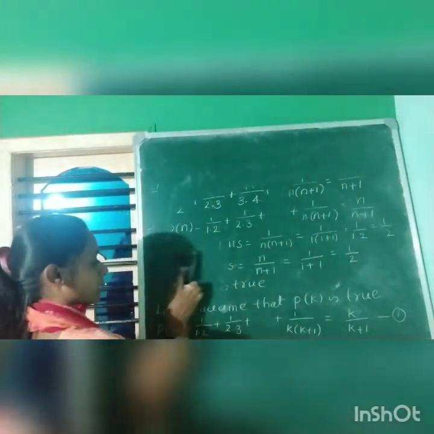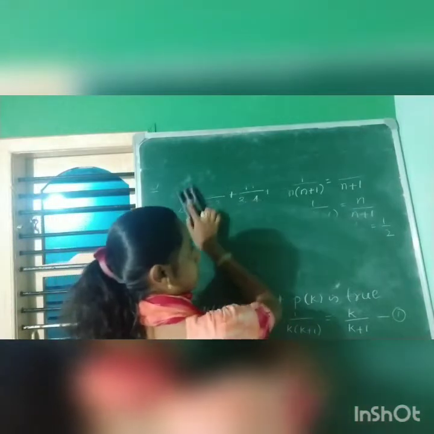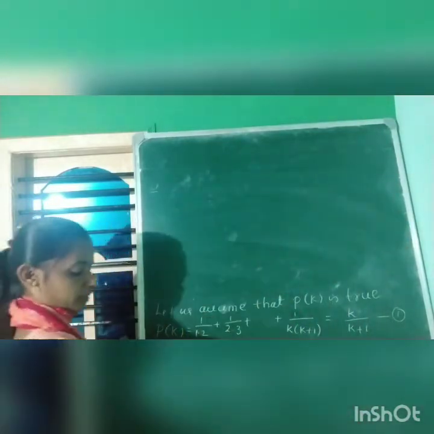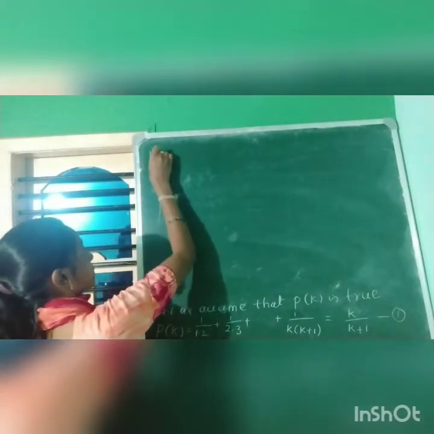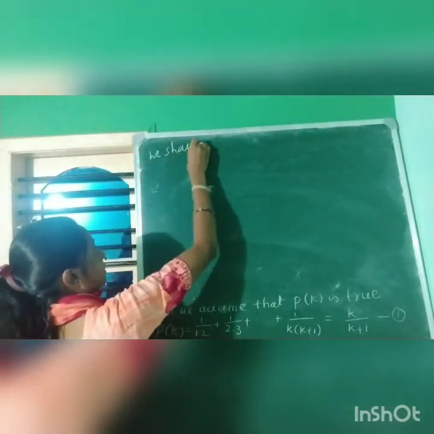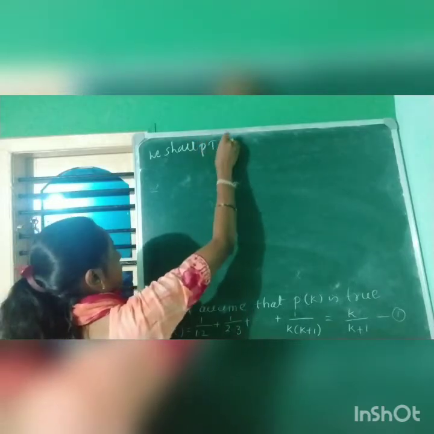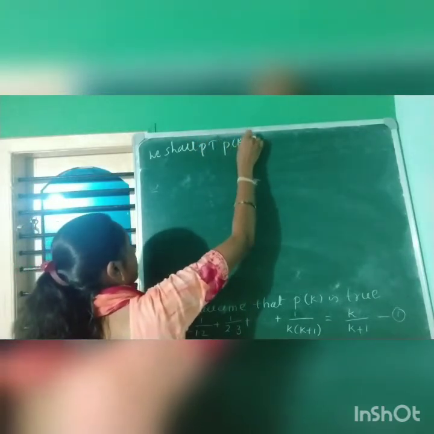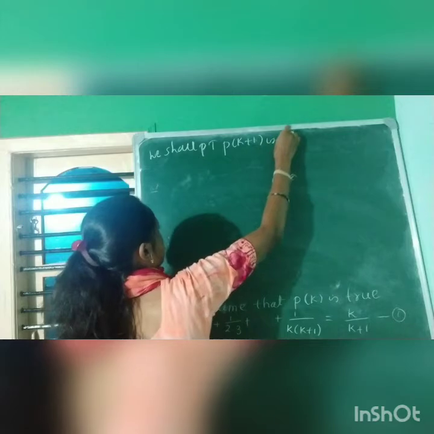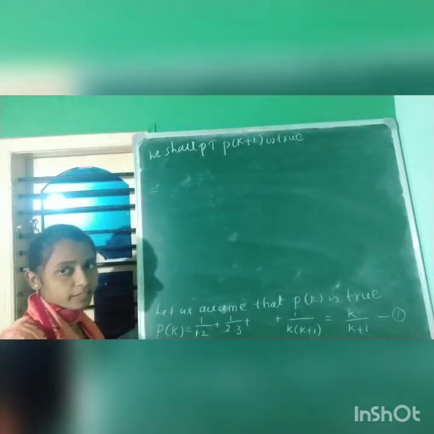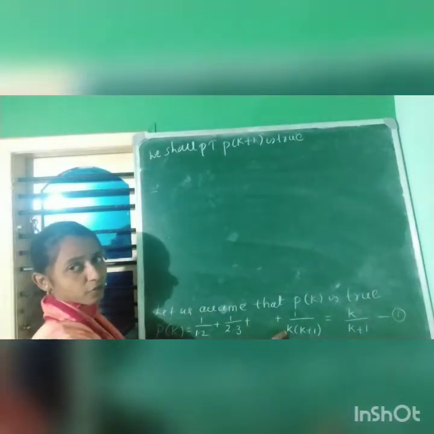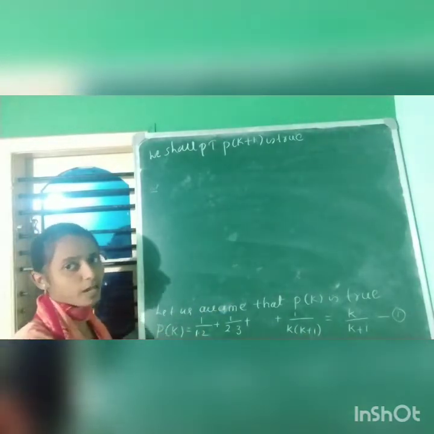Now, I'll just keep equation 1. Now, I just assume this one. We shall prove that P of k plus 1 is true. That is nothing but, we need to prove that, in the place of k, you need to get k plus 1.